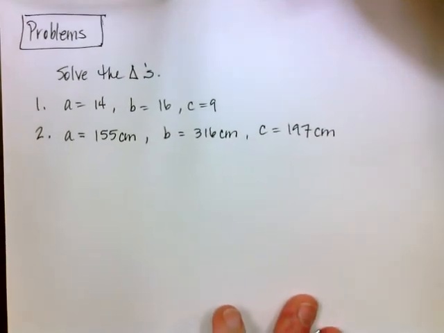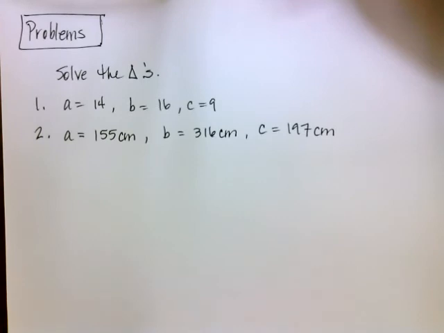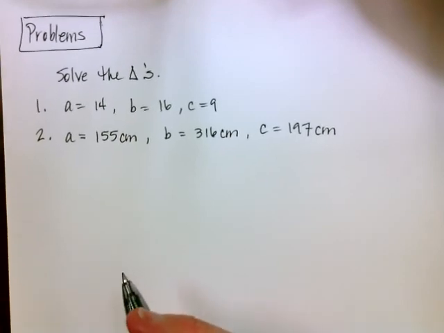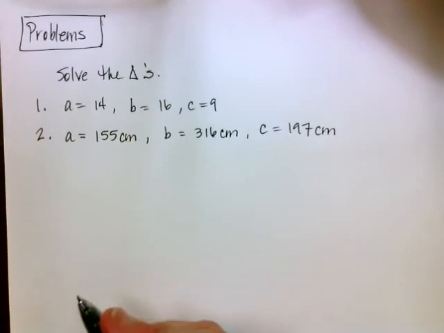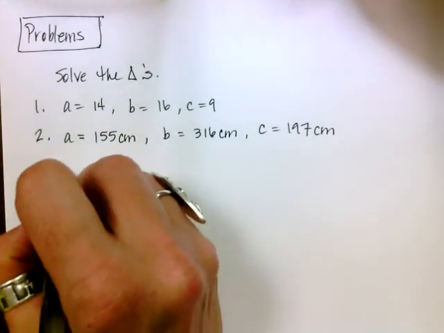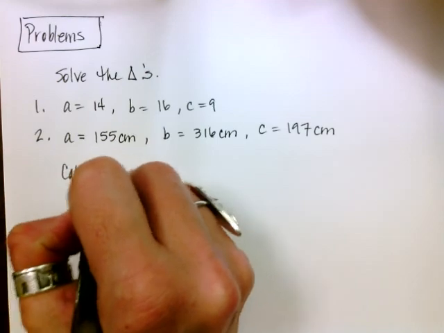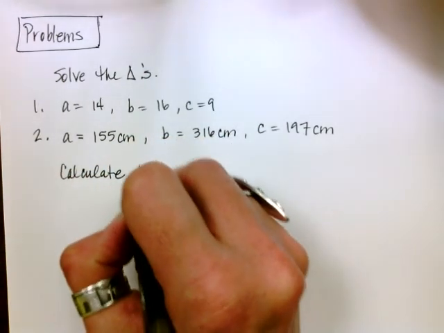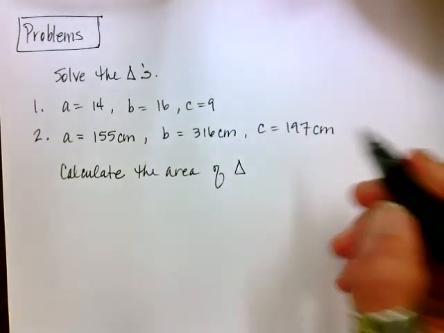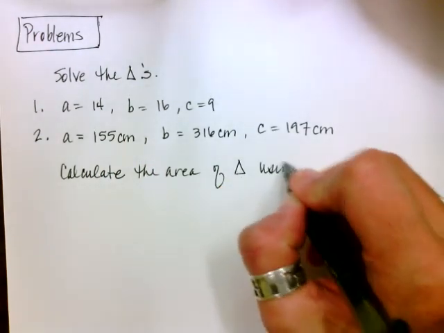Okay? So you need to solve both of those triangles, which means you need to find all three angles. I would encourage you to practice the law of cosines and not just switch to the law of sines to make sure that you can use that formula well in your calculator. All right, your last two problems say calculate the area of the triangle using Heron's formula.